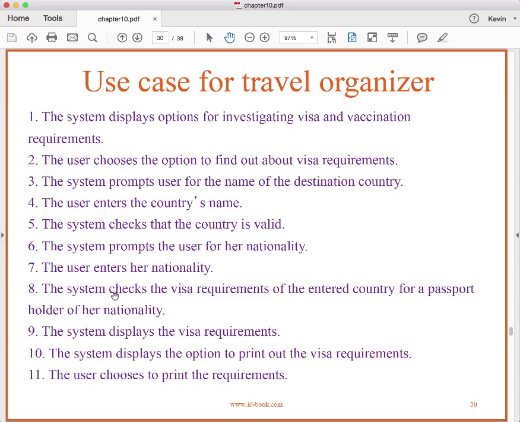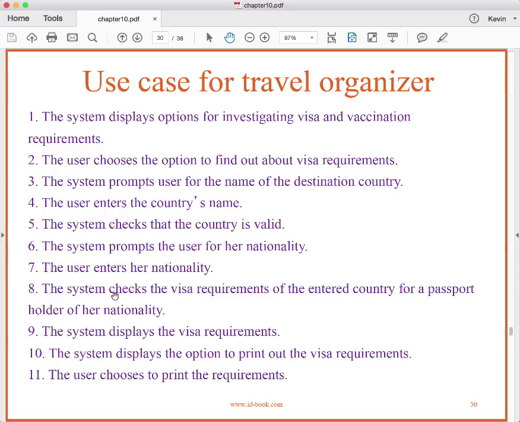Now, the problem that we have here is that this write-up talks a lot about different ones. So, okay, the system displays the options. Oh, this is just for visa and vaccination. So the use case would be investigate visa and vaccination requirements. So the system does, the user does, the system does, the user does.